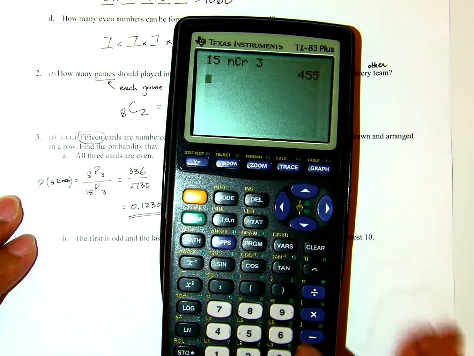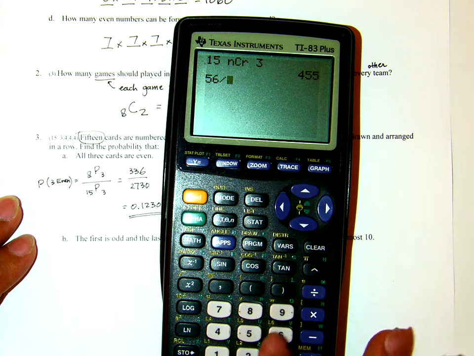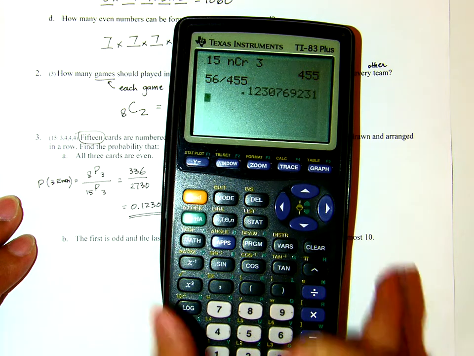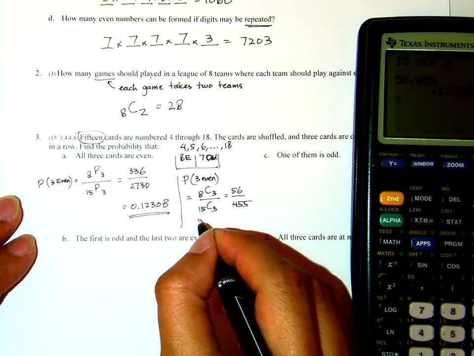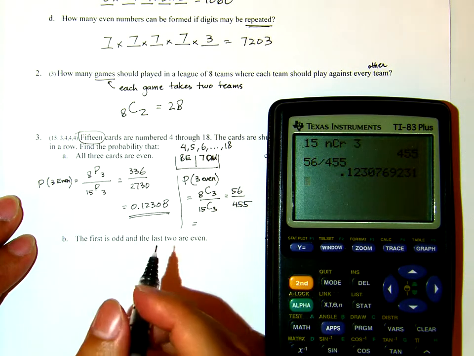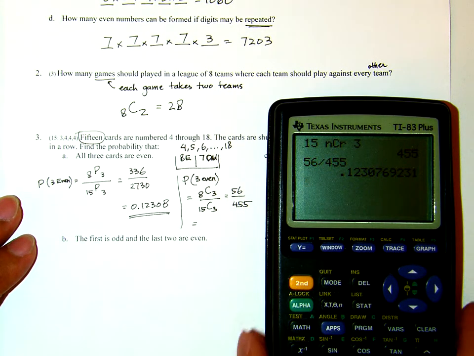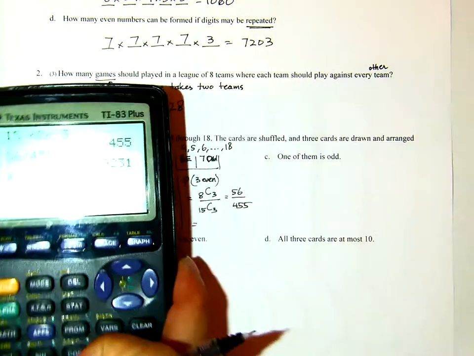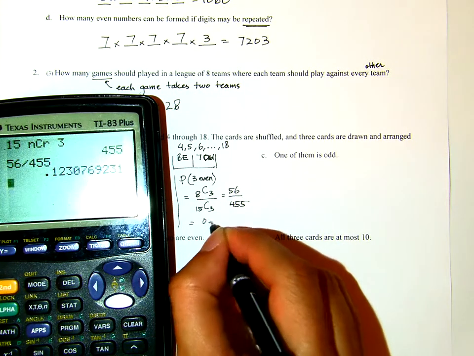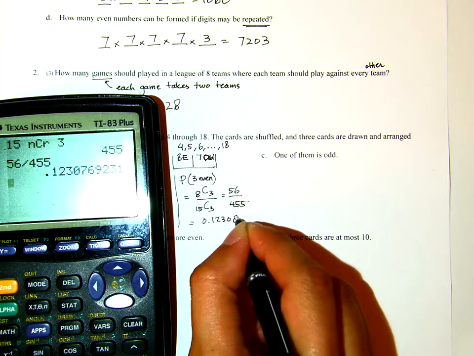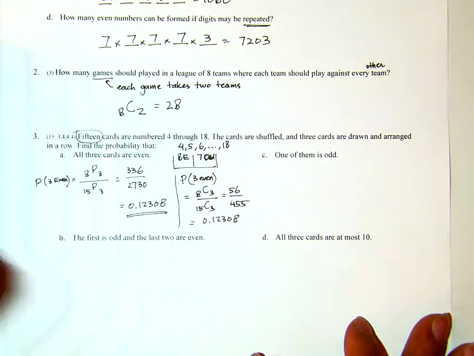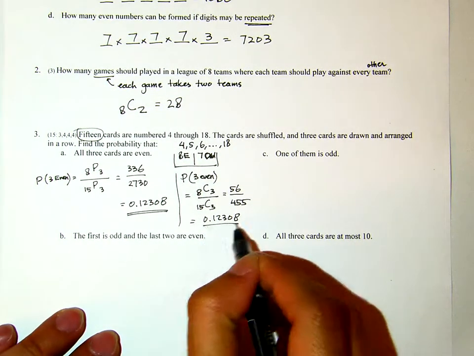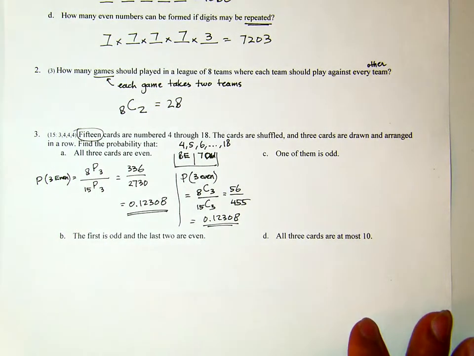Now 56 over 455 will give me the same number. I hope you can see that. I get that number there, which is the same as the number we got there, 0.12308 rounded. Now here, even though they say that the order is important, once all 3 cards are even, it doesn't matter which even card comes first. All 3 of them will be even anyway.